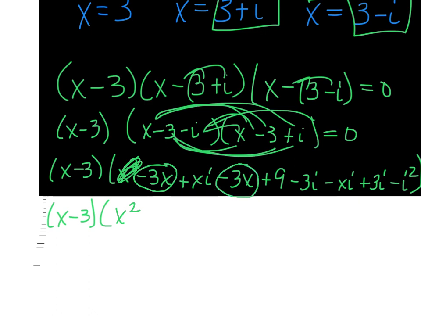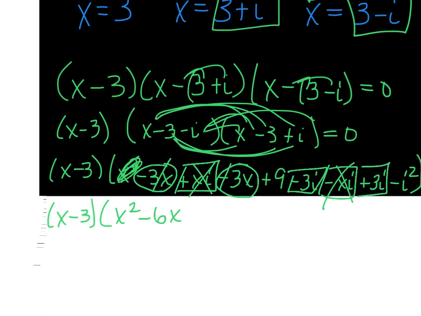That gives me what? Negative 6x. I have a positive xi and a negative xi. Cancels out. I have a negative 3i and a positive 3i. Cancels out. Good.